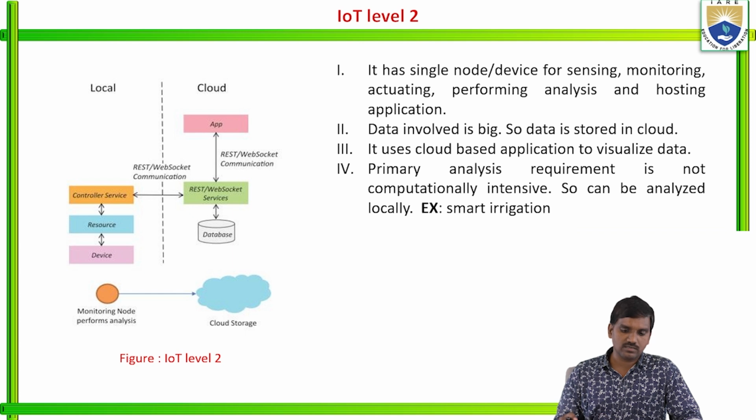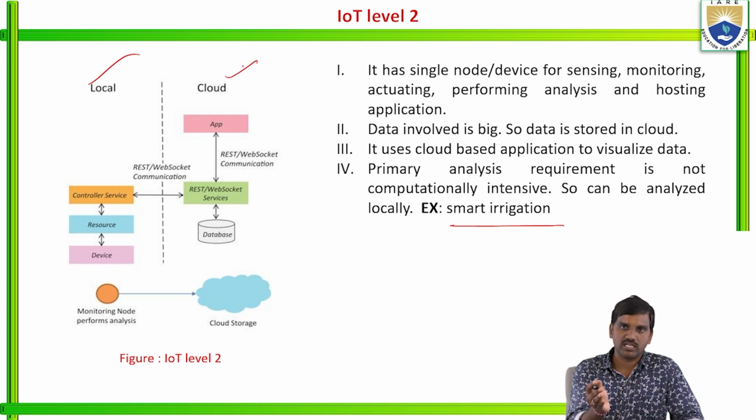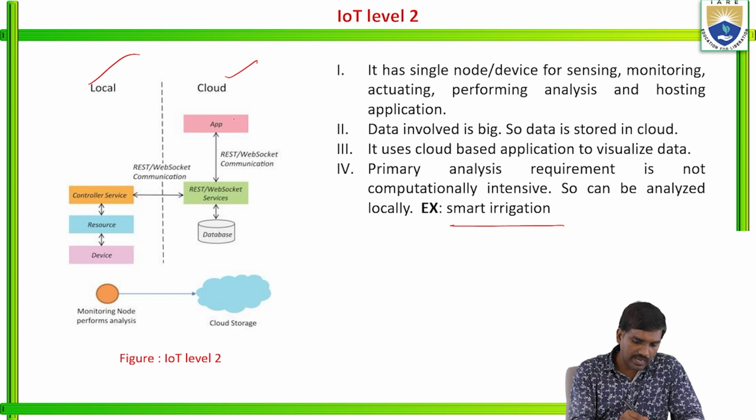And the second, level 2, contains some cloud: the smart irrigation system. It is transformed into a little bit of cloud. Level 1, level 2, and level 3 have very similar features, with similar processing. The application uses REST or WebSocket communication APIs, with services and some database, along with controller service, resource, and devices.